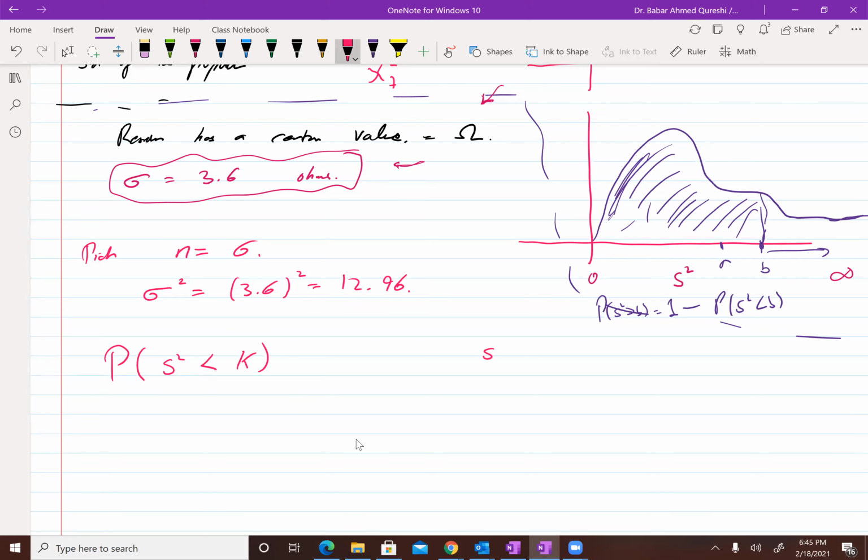S square is the sample variance, and you want this variance to be restricted within some value.